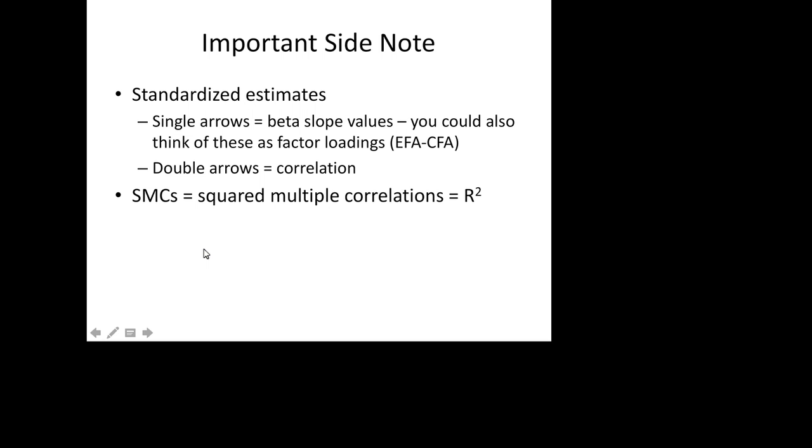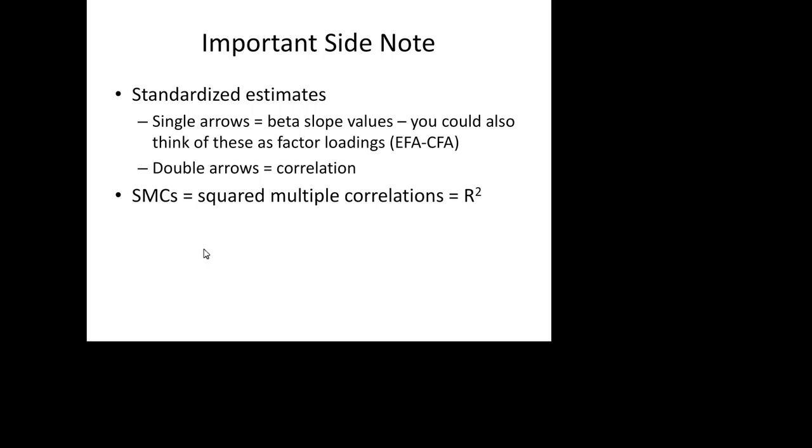If we switch to standardized estimates, which is pretty easy to do since you can actually look at both at once in the output, a single-headed arrow becomes beta. Now don't think of beta as a number that is a correlation. Beta can get over 1. It's a z-score. You can think of them as kind of like factor loadings in EFA and CFA, but in fully structural models, they can get big.